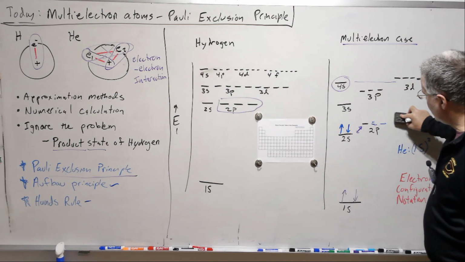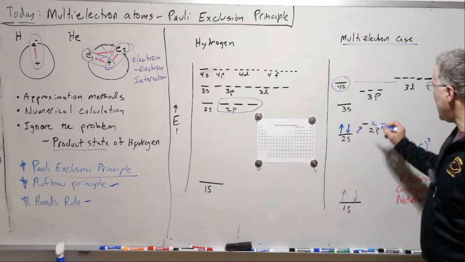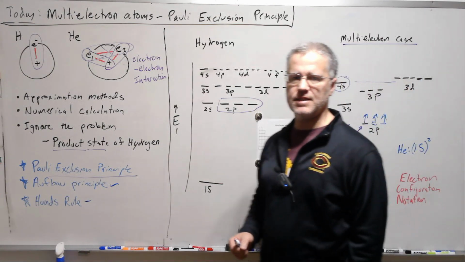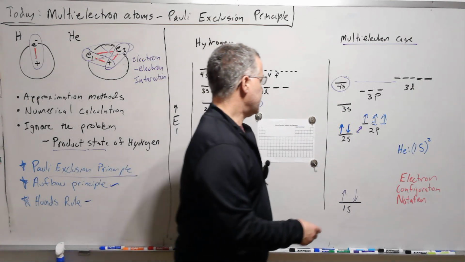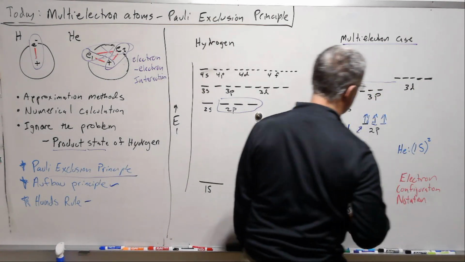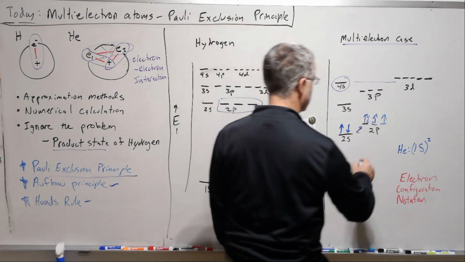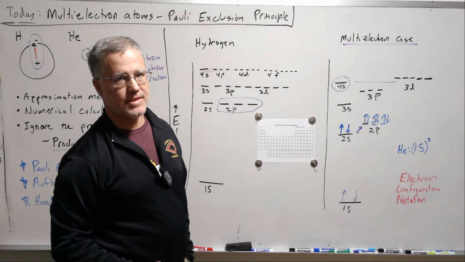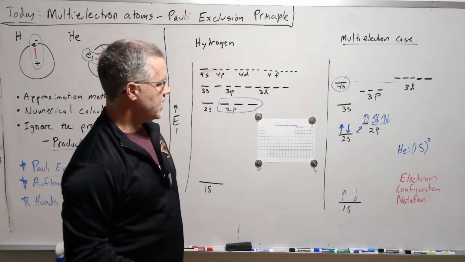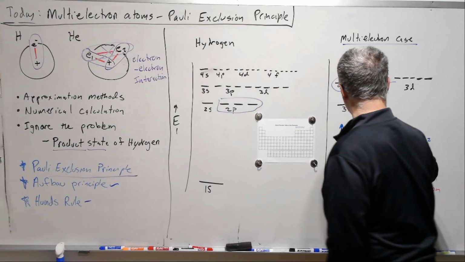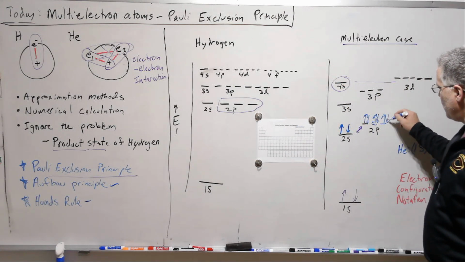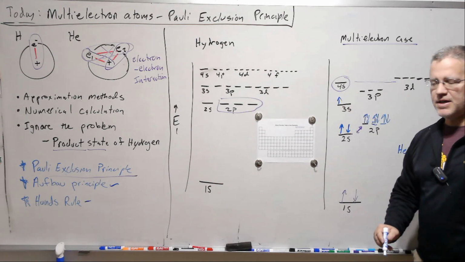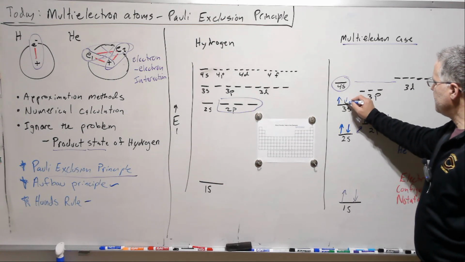We tend to just out of habit, I guess, start with the spin up state. Now, finally, we get electrons coming in, and we can refill. And there we have a full P. We can't get any more in here. So then the next can come up here, and so on.